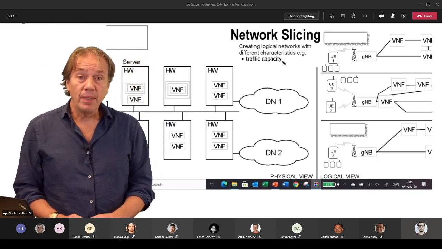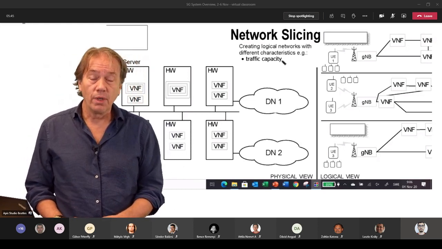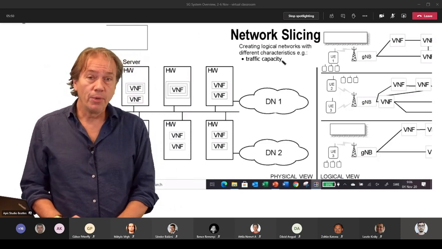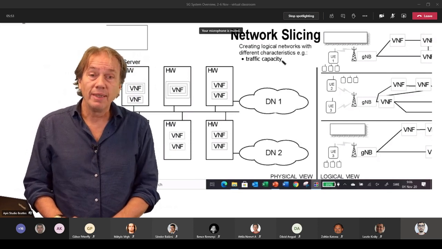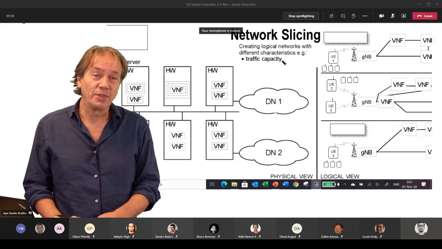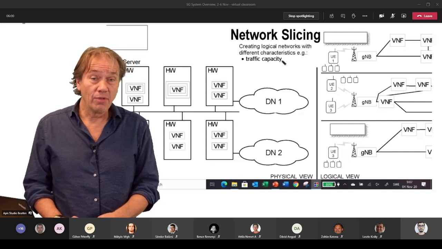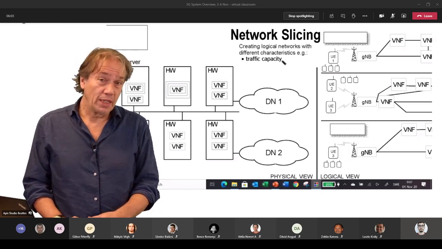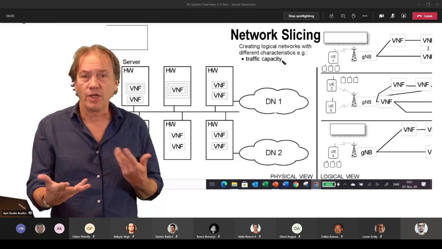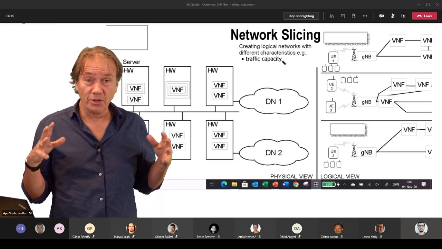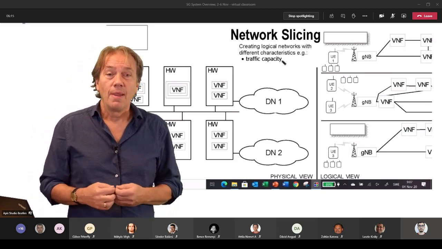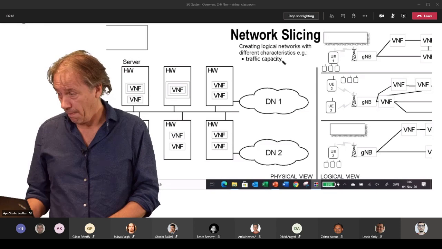An eMBB type of slice for regular subscribers who are streaming audio, video, uploading things, probably needs a high capacity in terms of traffic handling. If we have a network slice for some type of mission critical services, police, firefighters, that's a smaller number of users, and maybe the need for capacity is smaller.